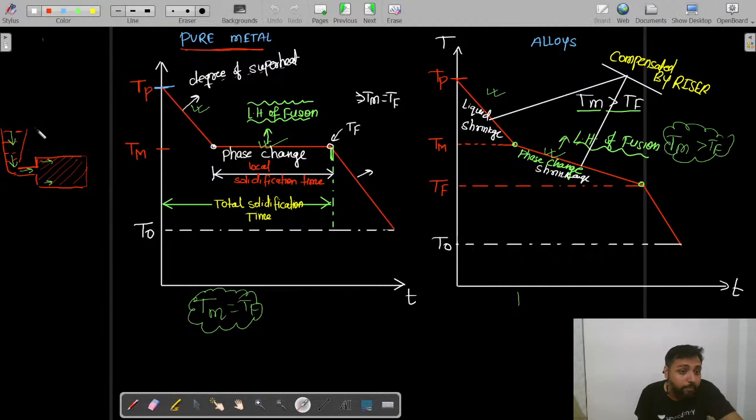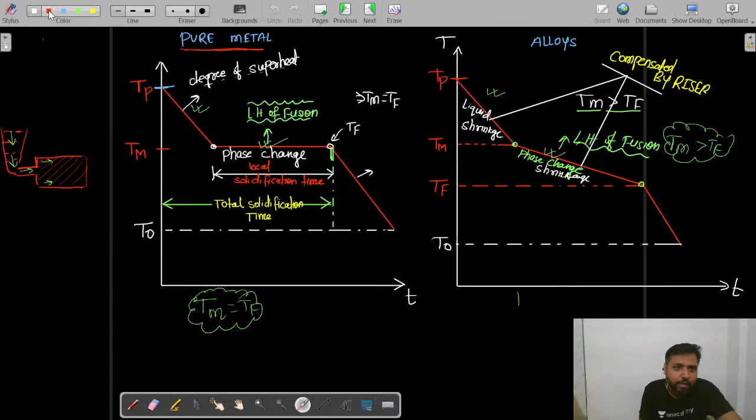Then undoubtedly the metal in the riser must not solidify until this casting has fully solidified, isn't it?